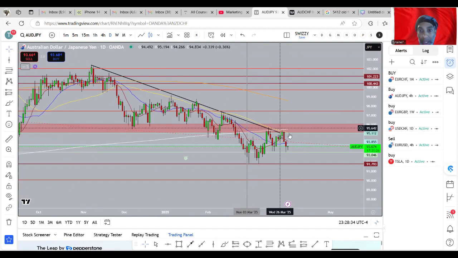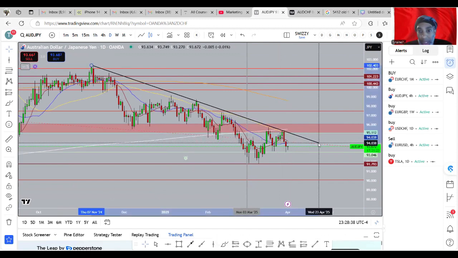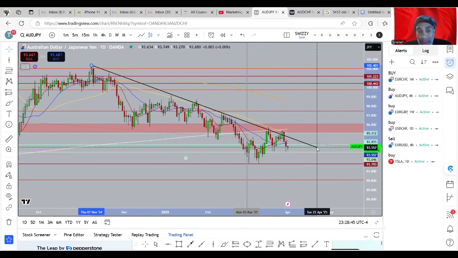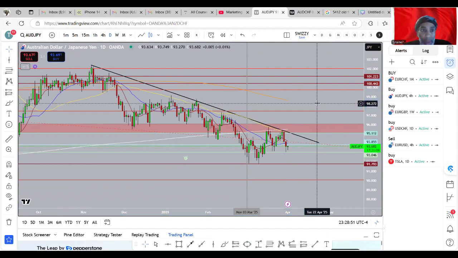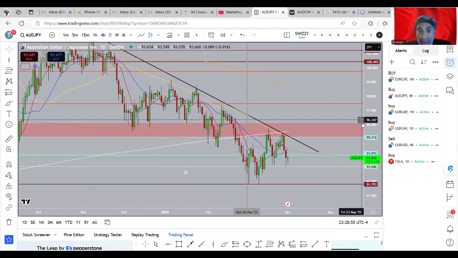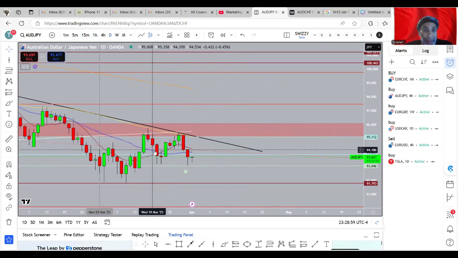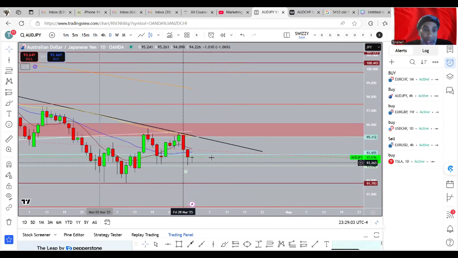This trend line, we can spoof this up on a daily. So now we have a nice little trend line, and we'll see when it breaks.